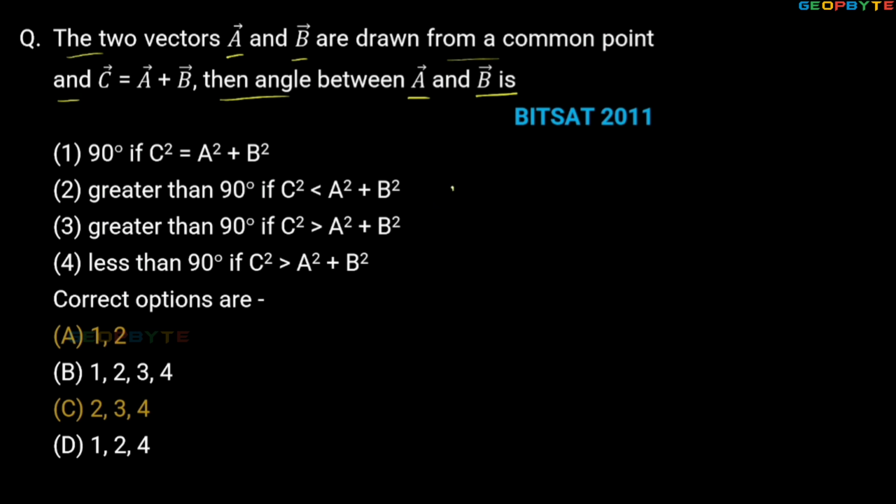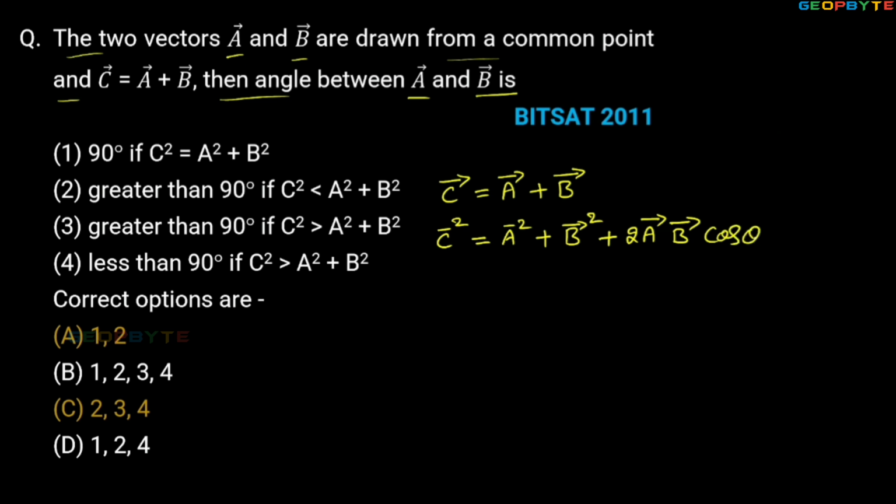Given that vector C equal to vector A plus vector B. Since both vector A and vector B are drawn from the same point, I can say that C square equal to A square plus B square plus 2AB cos theta.